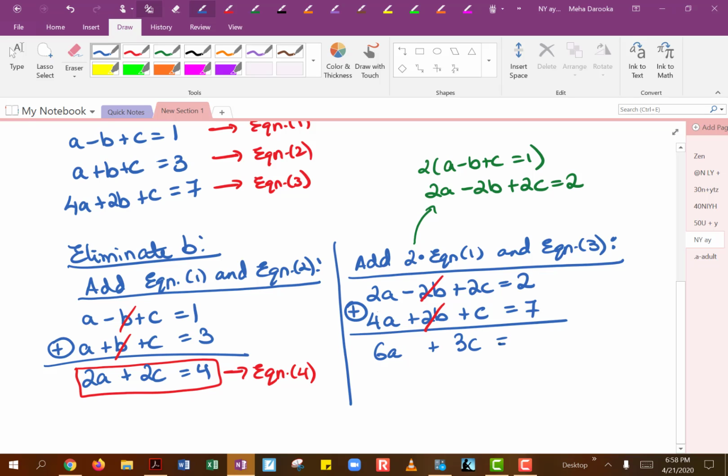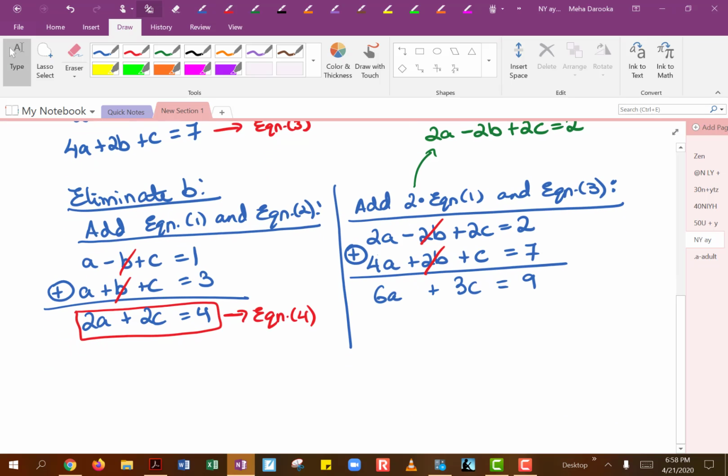plus 3c equals 9. Now, you can leave it the way it is, but when I look at this equation, I actually see that all of them have a 3 in common. So if I divide each one of these terms by 3, I can actually simplify this equation, and 6 goes into 3 2 times, so you'll end up with 2a plus 3 divided by 3 will just leave us behind with a c, and then 9 divided by 3 will of course give us 3.